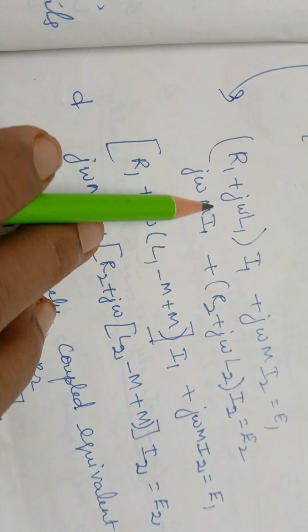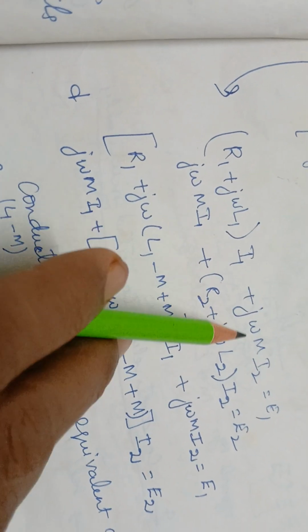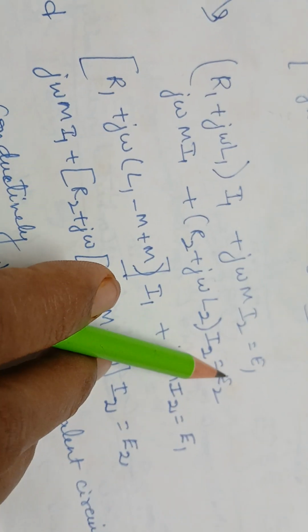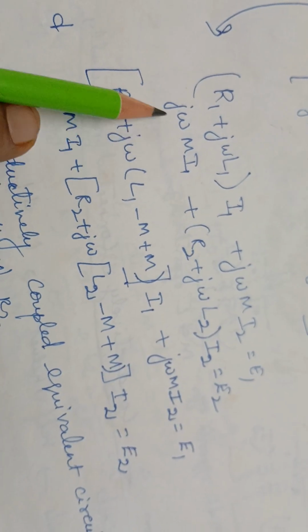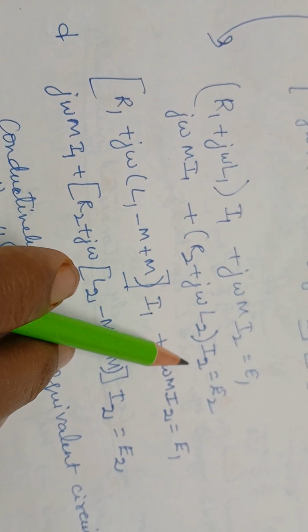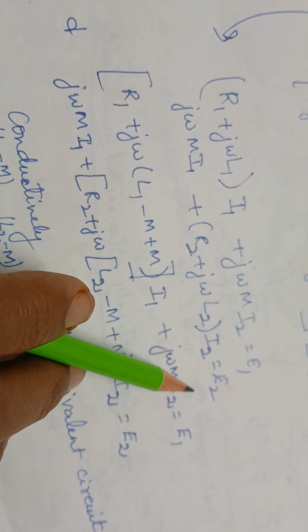R1 plus j omega L1 into I1 plus j omega M I2 is equal to E1. Similarly, j omega M I1 plus R2 plus j omega L2 into I2 is equal to E2.